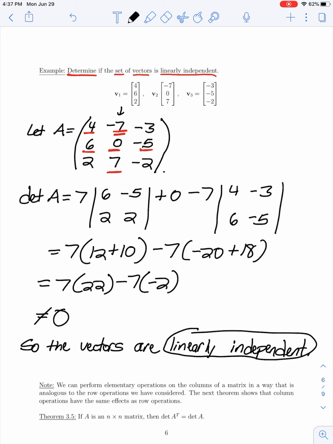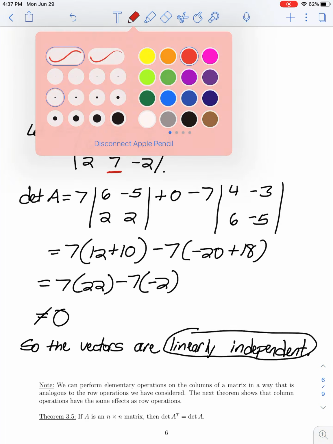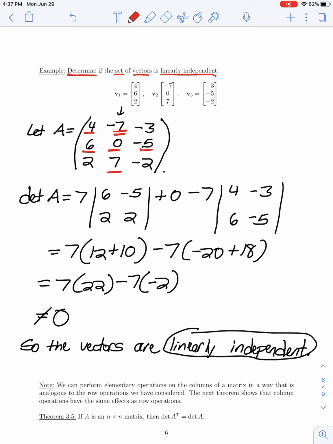One note that I'll make before we move on to the next part of this section is that from our Theorem 3.3, we saw that we can perform row operations on a matrix, and it affects the determinant in certain ways. Now, in our next theorem, we'll show that we can perform elementary operations on the columns of a matrix if it were easier to manipulate the columns instead of the rows.